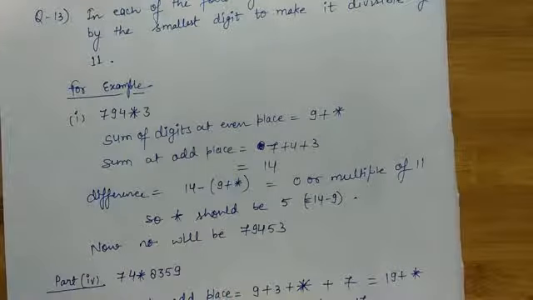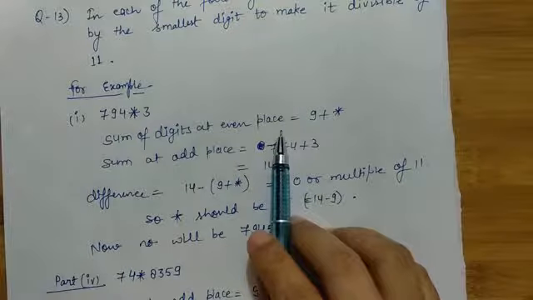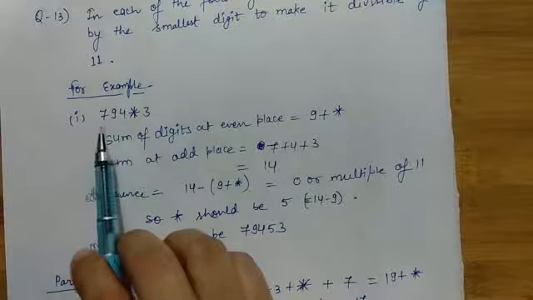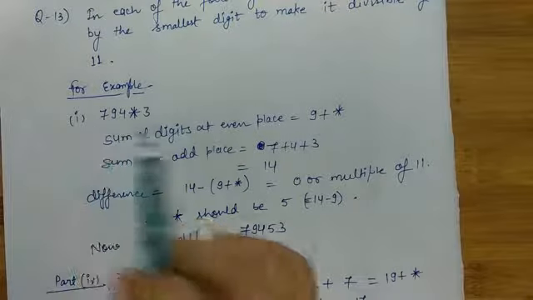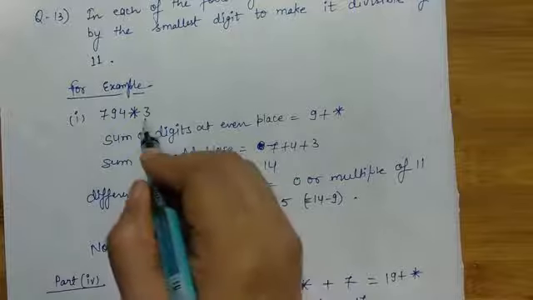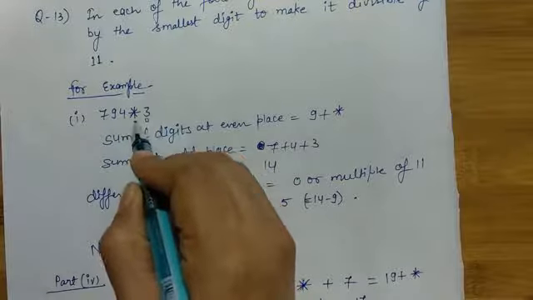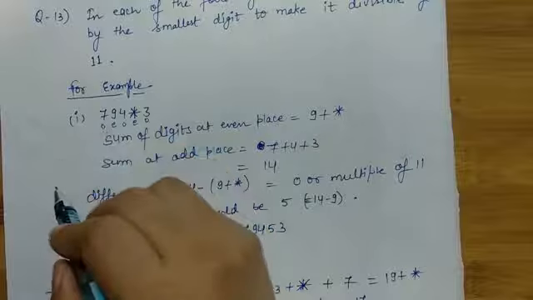First you all have to find out the sum of digits at even place. So we have 5 places over here, 1, 2, 3, 4, 5. Always we have to move from right to left. So this is the odd place, this is even place, this is odd, this is even, this is odd.